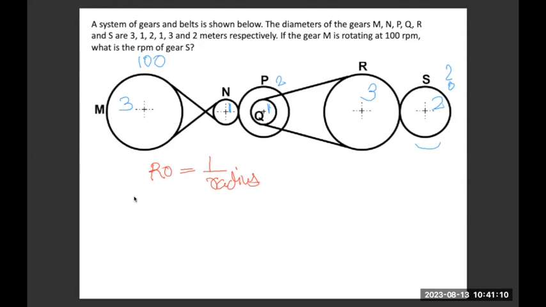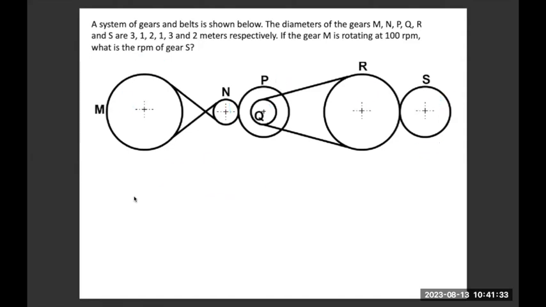This is inversely proportional to each other. Larger the radius, lower the RPM. Less the radius, higher the rotations per minute. Correct answer. So all you have to do is work proportionately from here to S.